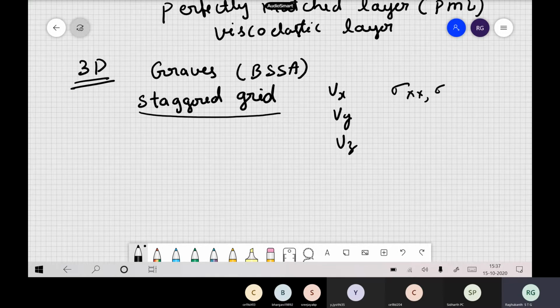Normal stresses, sigma xx, sigma yy, sigma zz, right? They will be defined at some other point. Then you have the shear stresses, okay, so they will be defined at some other points itself. So this is how the grid comes, and it comes naturally. We are not doing anything, because we have to match their derivatives at a point. Okay, so this problem comes and you will get a staggered grid.